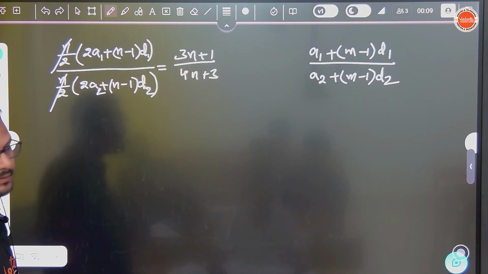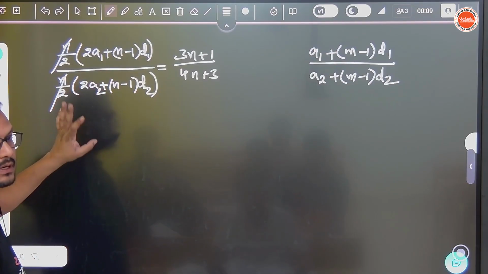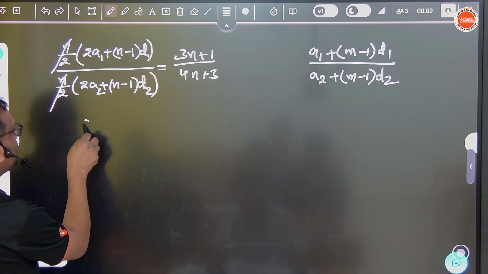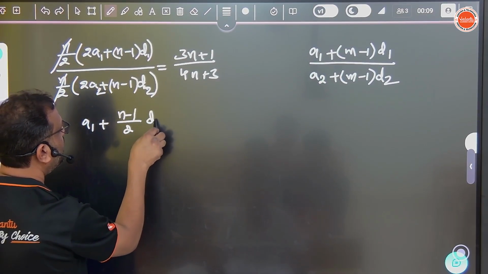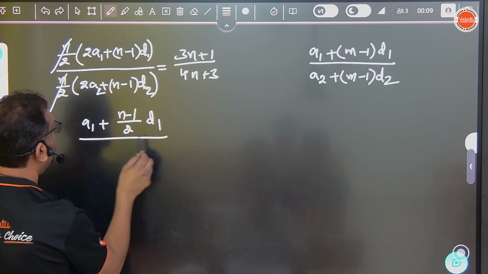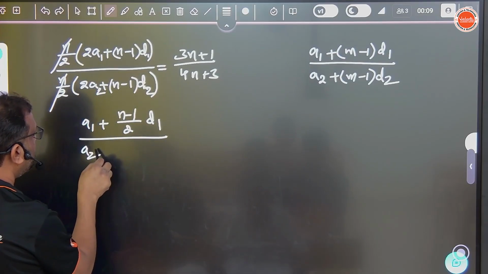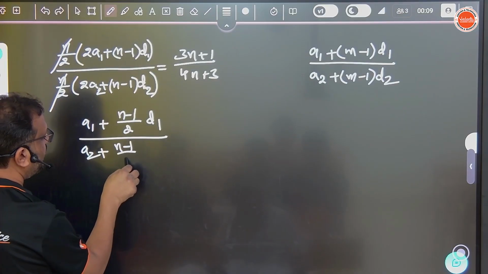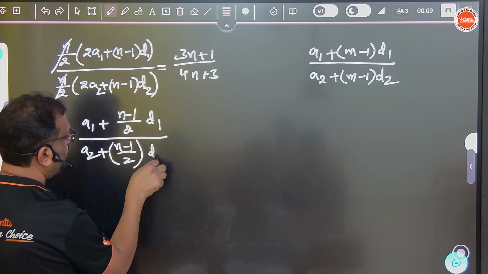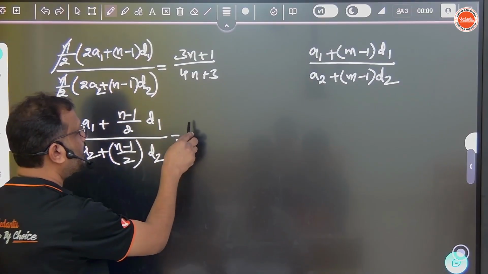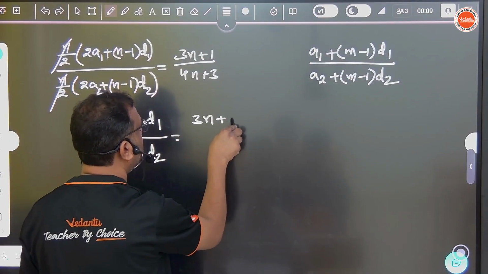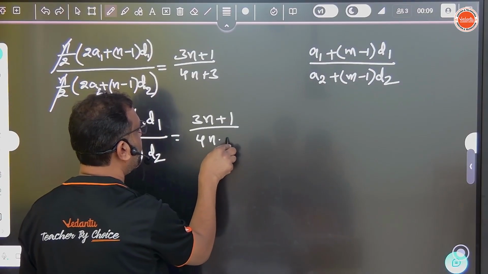Take a1 coefficient 2 and a2 coefficient 2, right? So remove that. So a1 plus n minus 1 by 2 into d1 by a2 plus n minus 1 by 2 into d2 is equal to what? It's the same only. 3n plus 1 by 4n plus 3.